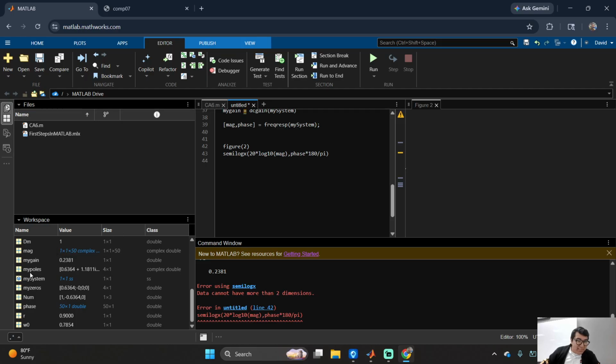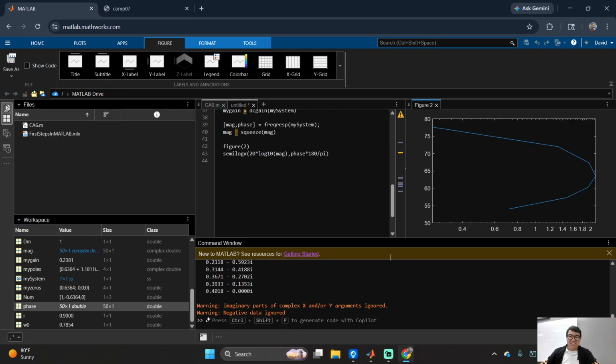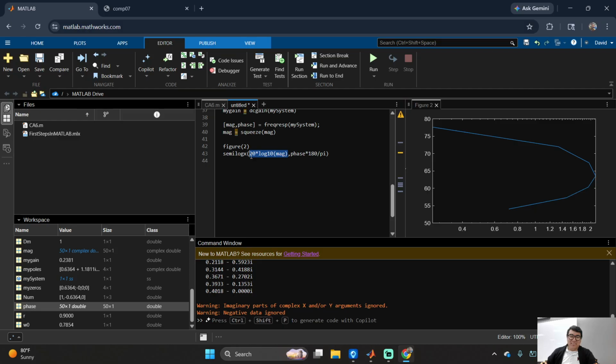What is my mag? 1 by 1 by 50. And what's my phase? 50 by 1, which makes no sense. So you know what I'm gonna do? Mag is equal to squeeze mag. There you go. Now that should work. Oh, because I forgot. Oh, whoops.